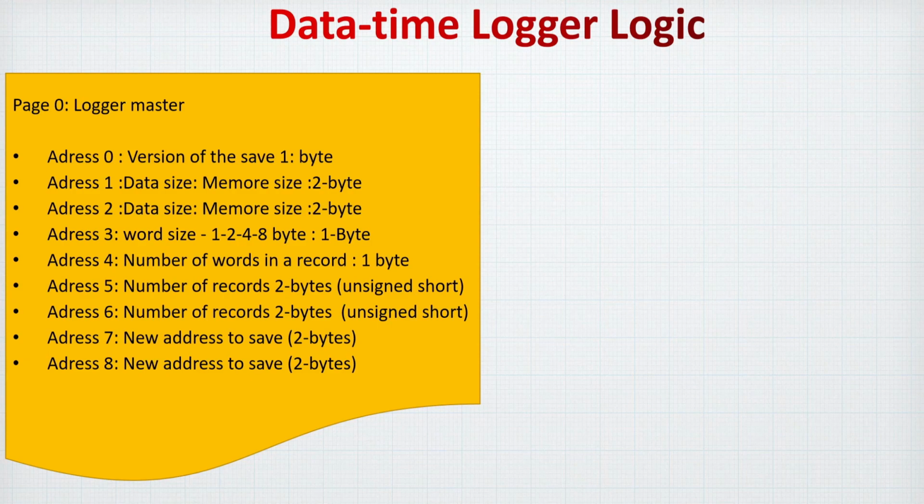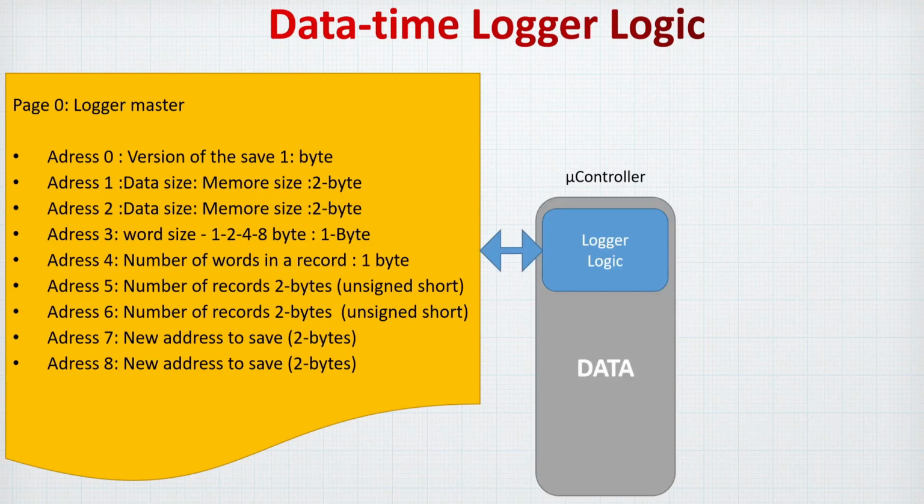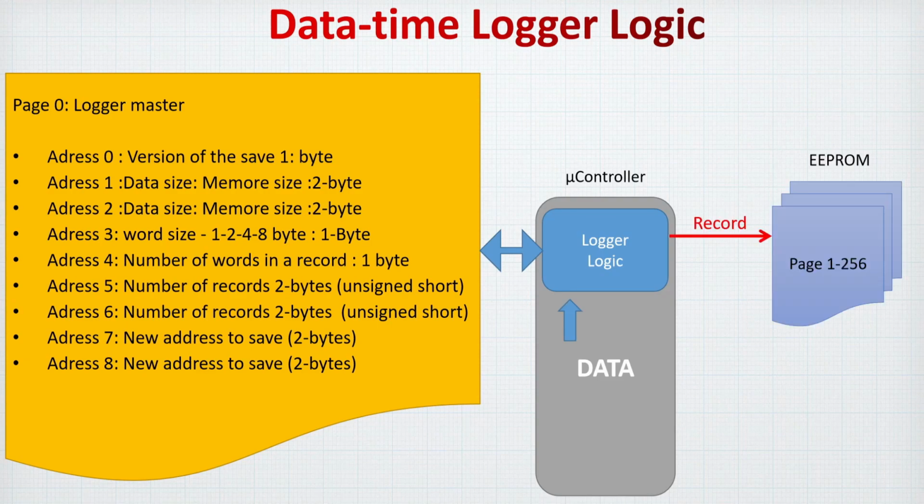We are going to implement all this data in the first page, and after that, using a certain logger logic, getting the data and recording it in the other pages, or getting back the data and reading it for a certain purpose. So this is an overview of the picture, of how the logic is going to be.